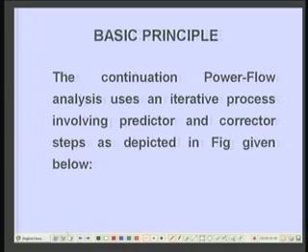Basic principle: the continuation power flow analysis uses an iterative process involving predictor and corrector steps, as we will discuss now.